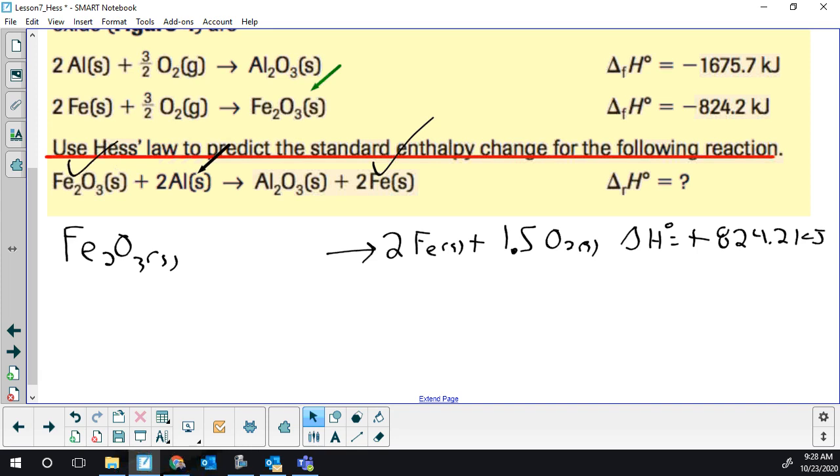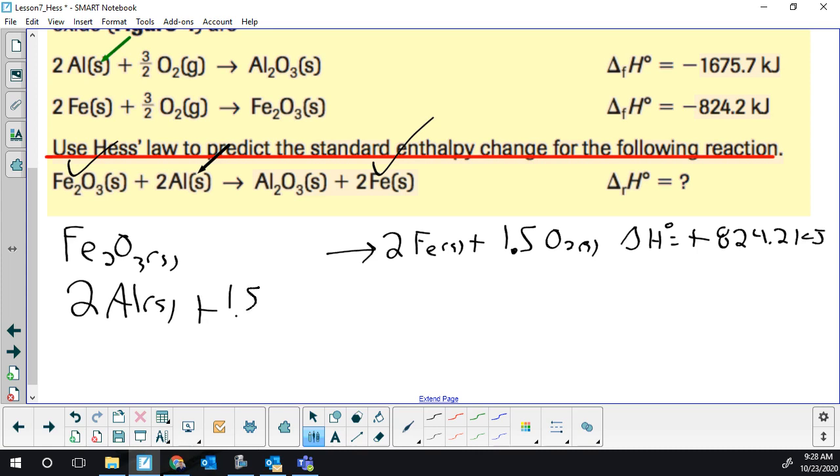Okay. I'm just going to work my way across so I have everything. That one requires solid elemental aluminum, which I have in the first equation. So I want it as a reactant, I have it as a reactant, so I'm going to pull it down exactly as listed. 2 aluminum solid plus, again, I'm getting rid of fractions, I'm turning them to decimals, 1.5 O2 gas.